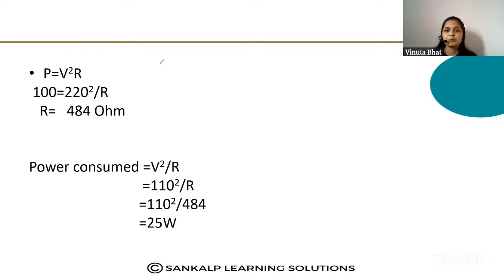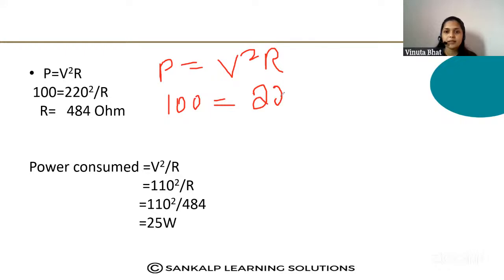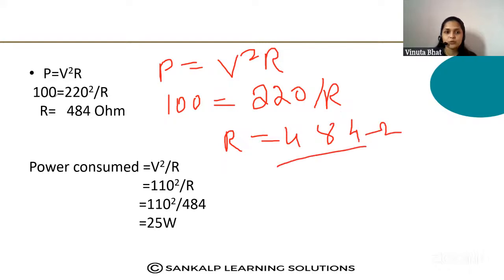We use the power formula P is equal to V square by R. We know the value of P, that is 100. V is already given, that is 220 volt, so 220 square divided by R. We don't know the value of R, so find out R. When you solve 220 square by 100, you will get 484 ohm.